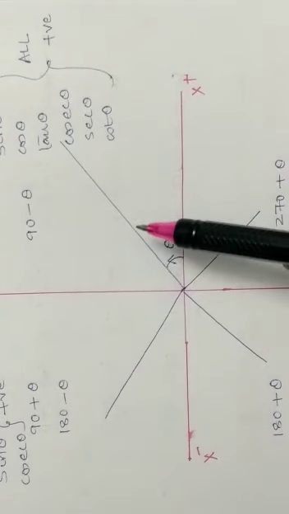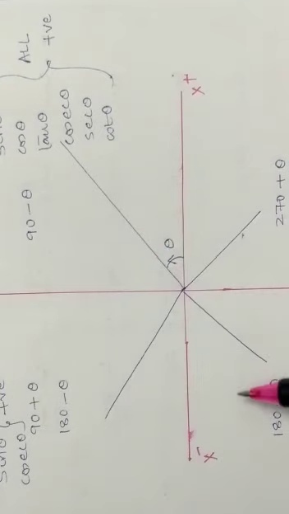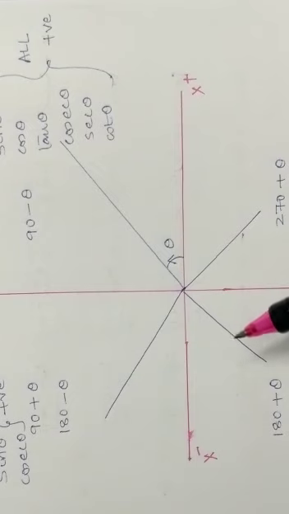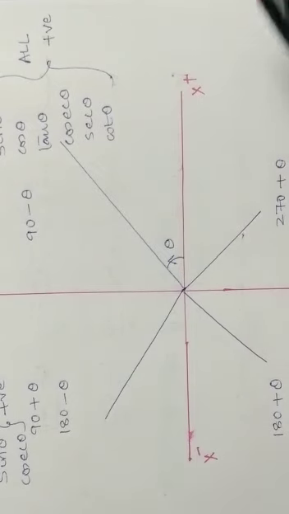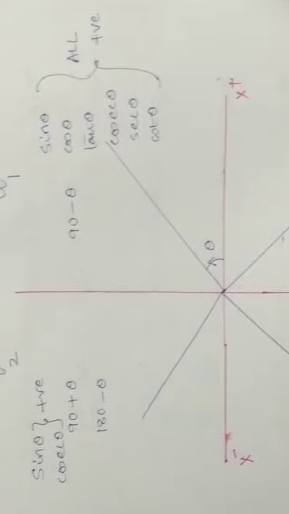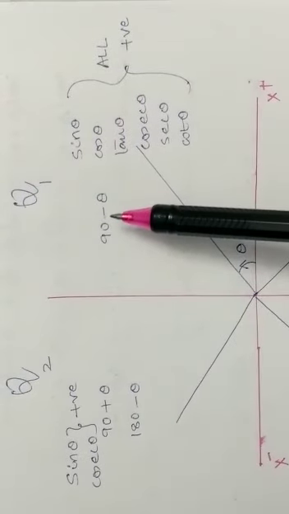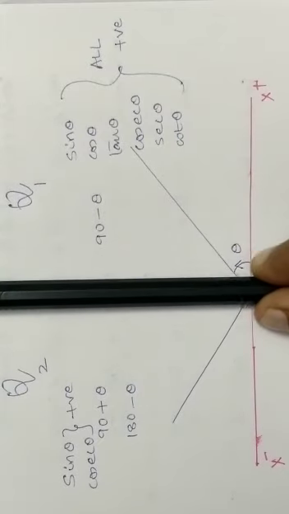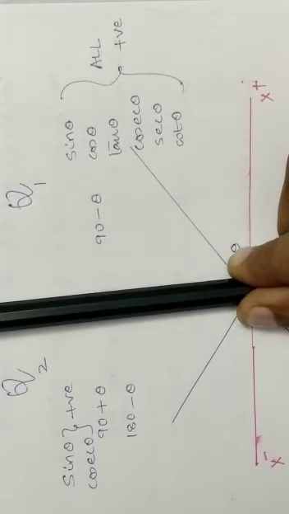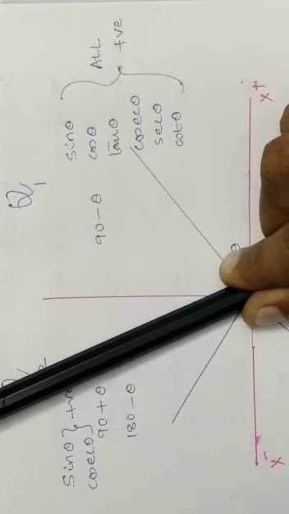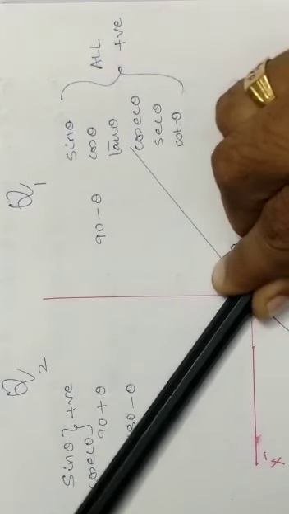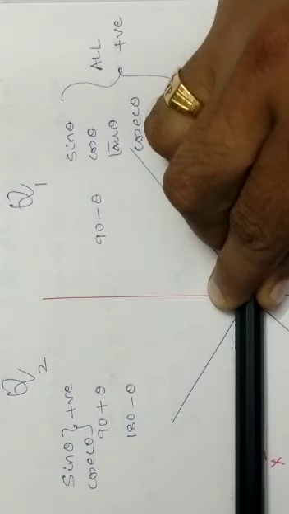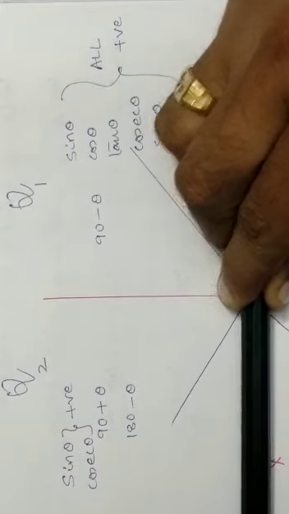So why are we moving in anti-clockwise, first, second, third, fourth? Because angle is always measured in anti-clockwise direction. So this is named as the first quadrant. If the angle is more than 90, it comes to the second quadrant. If we still move on rotating, the angle becomes 180 degrees, called a straight angle.